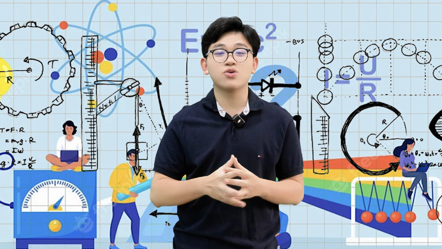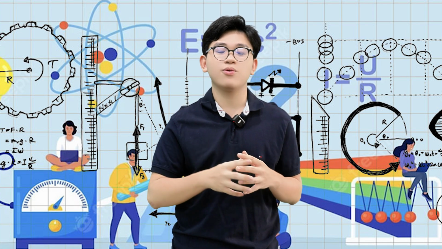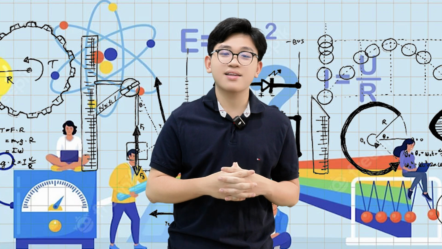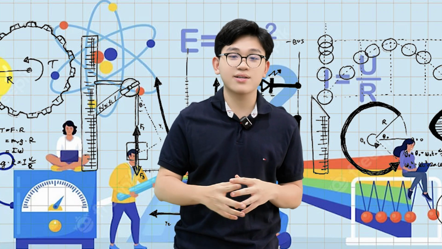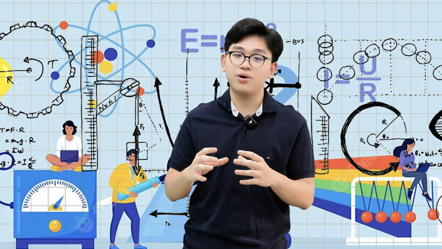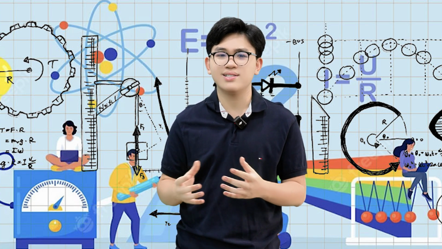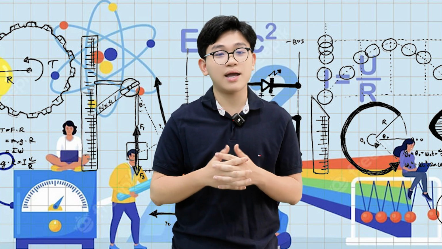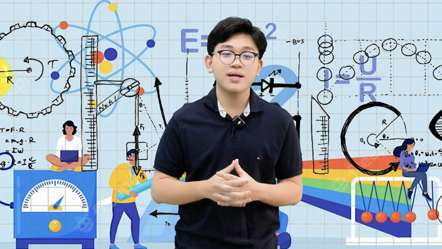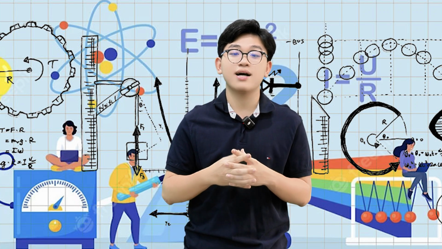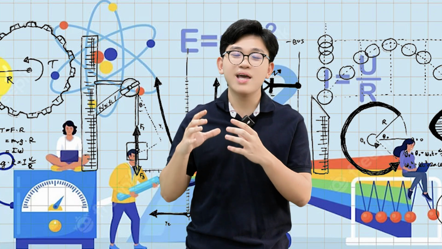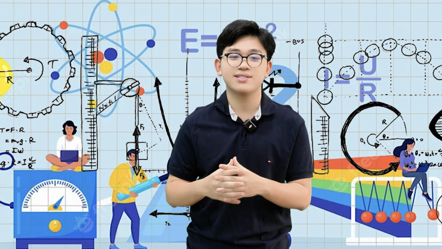This brings us to Bernoulli's principle. It states that where the fluid is moving faster, the pressure is lower. Where the fluid moves slower, the pressure is higher. And why is this important? Because Bernoulli's principle helps us understand how fluids behave in different conditions.